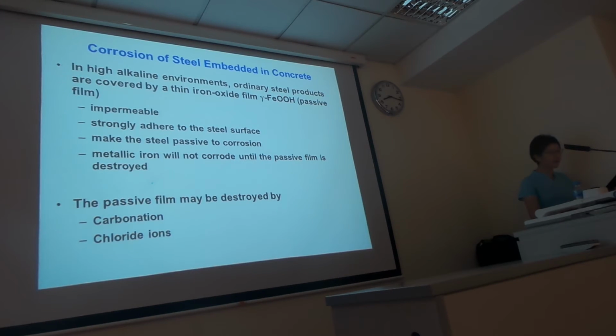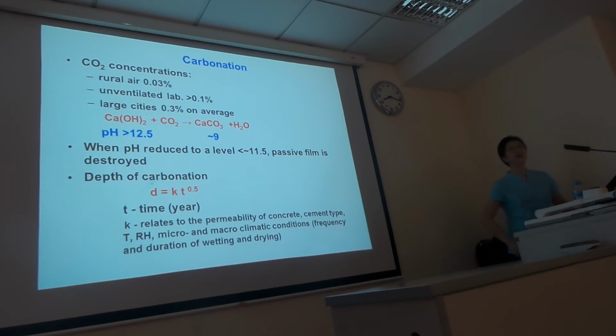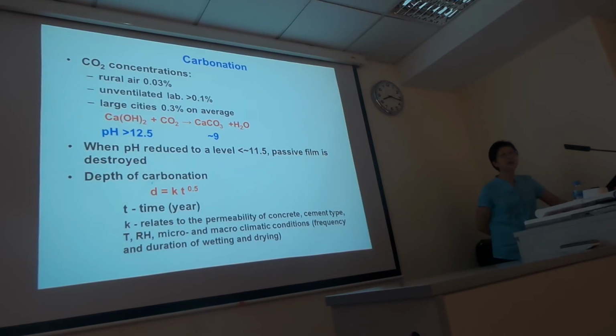One thing I already mentioned is chloride ion, whether it's due to chloride in seawater or de-icing salt. The other thing is the carbonation of the concrete, which reduces the pH level of the pore solution. Let's first consider the carbonation.